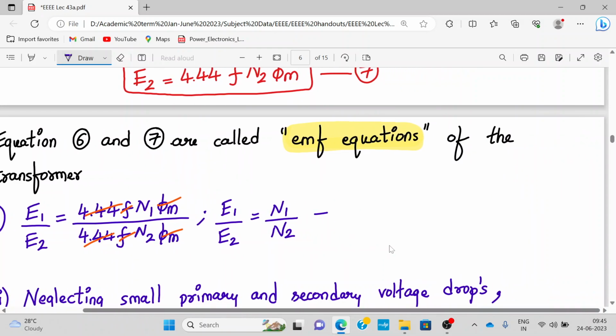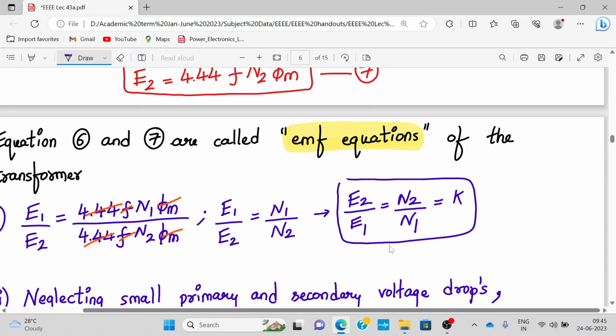If I want to write it in reverse, E2 upon E1 will be given by N2 upon N1, and that we call the transformer ratio. Earlier we defined the transformer ratio as N1 upon N2, but this is the final, correct one.